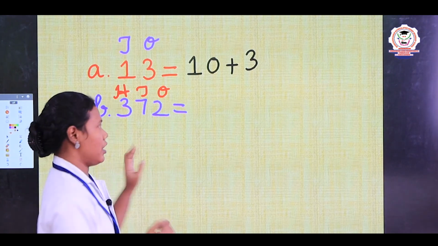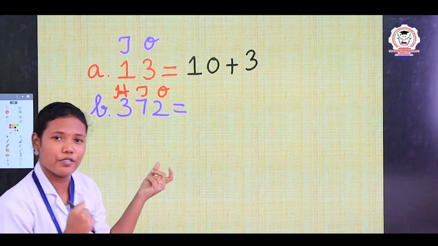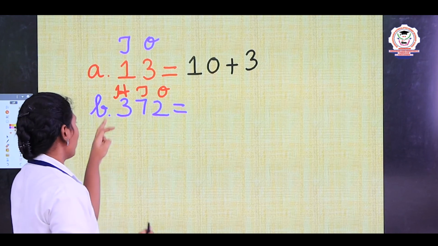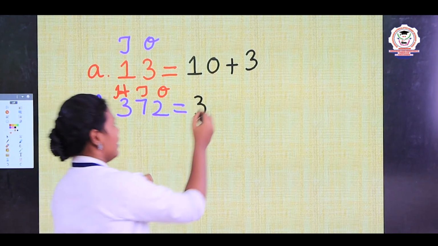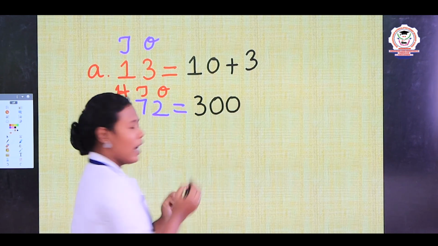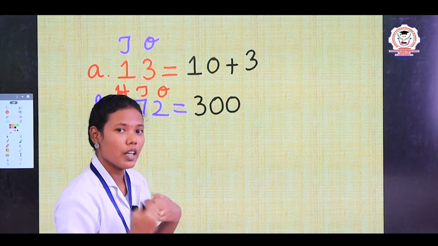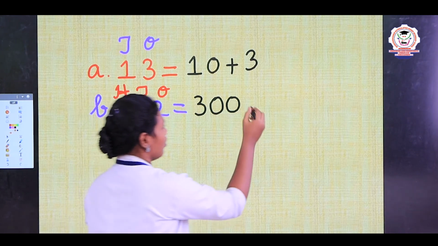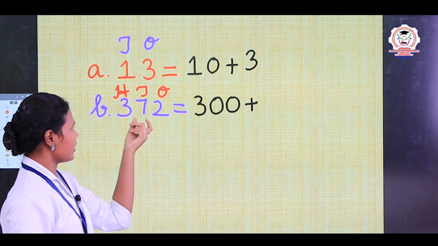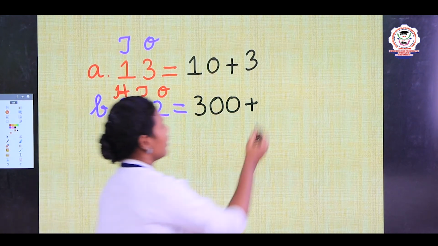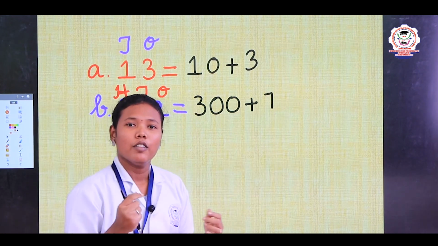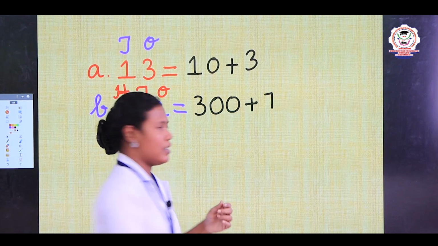For this 3-digit number, for 100, how many zeros for 100? 2, right? So take 3 and write, add 2 zeros with this, very good, 2 zeros, and in expanded form we use the plus symbol, right? So put plus here, and next 7 is in the tens place, right? 7, and for the tens place we add only 1 zero, right?